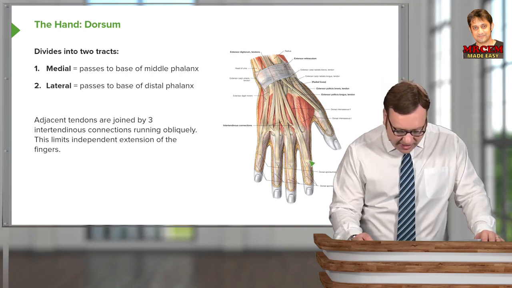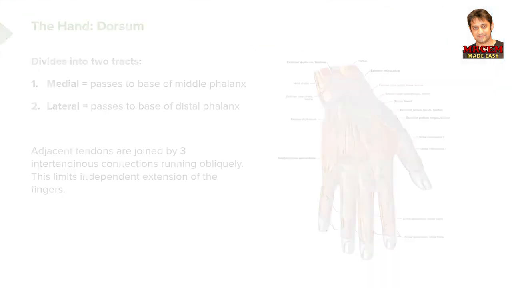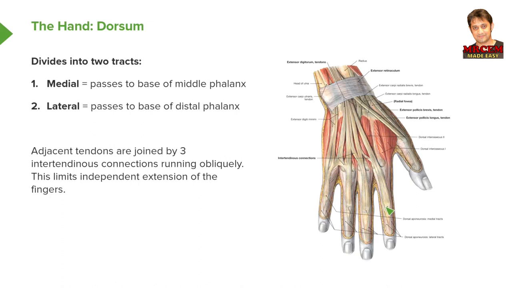So we can see here we have the medial tracts that are passing towards the middle phalanx of each digit, and then we have the lateral tracts which are passing towards the distal phalanx. And these are specialized tracts of the tendons of the extensor expansions that pass over the dorsum of the digits.